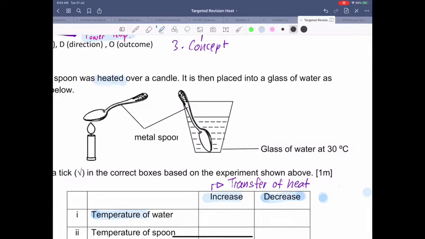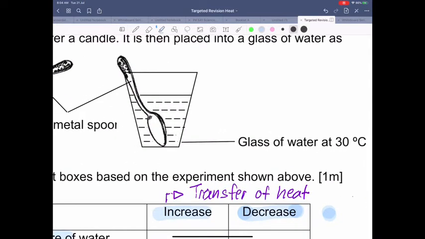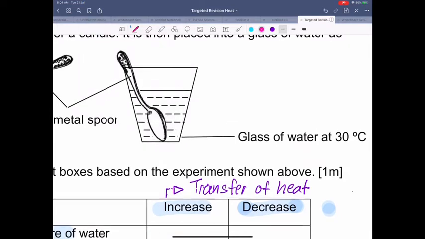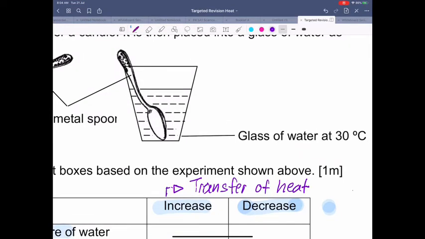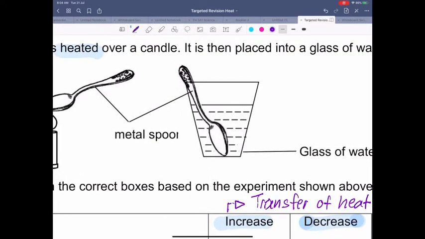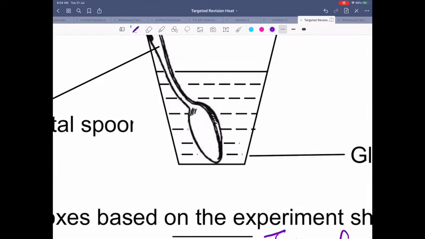Now, remember the key idea behind the concept of heat transfer is heat always transfers from a region of higher temperature to a region of lower temperature. So the first thing I need to do is to determine which region is the higher temperature and which region is the lower temperature. So just by looking at this, I would know that my spoon should be of a region of higher temperature.